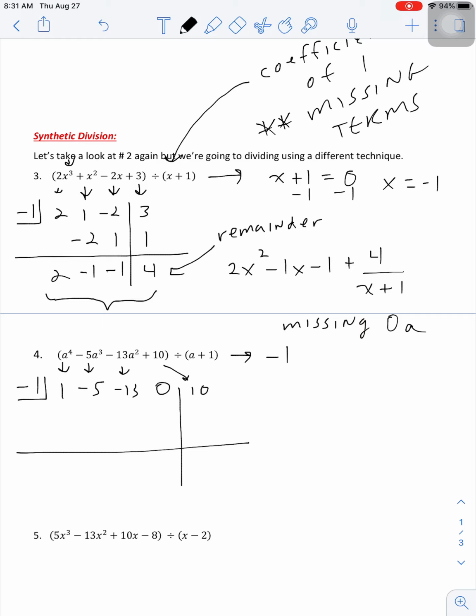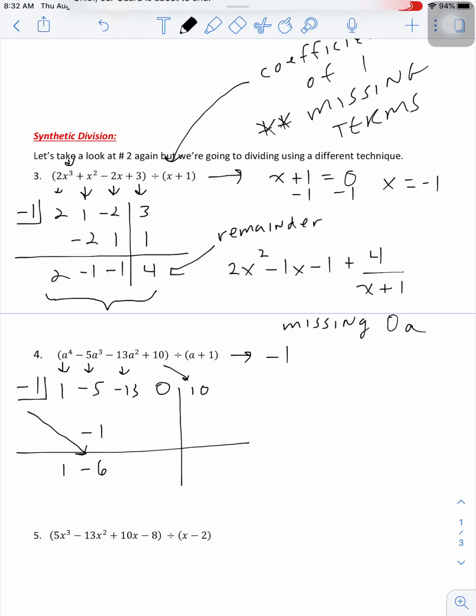Again, basically what you're going to do is drop that first number down and then begin this process. -1 times 1 is a -1, -5 plus a -1 is going to give me a -6. So it's multiply diagonally, add straight down.